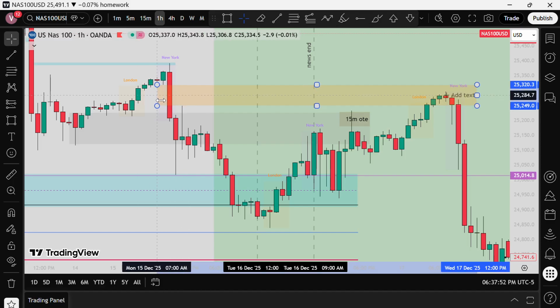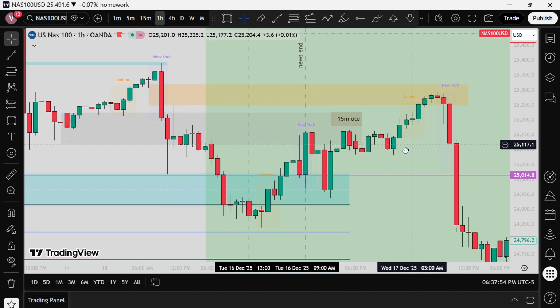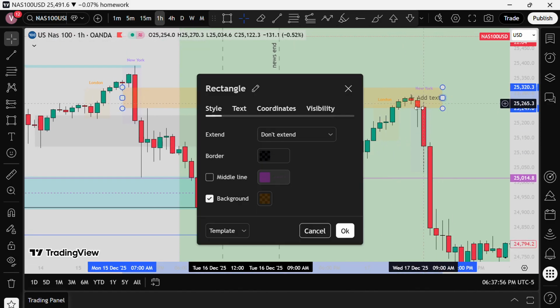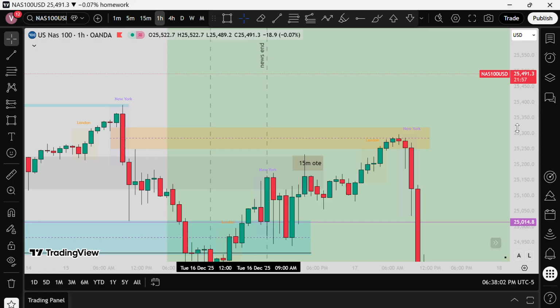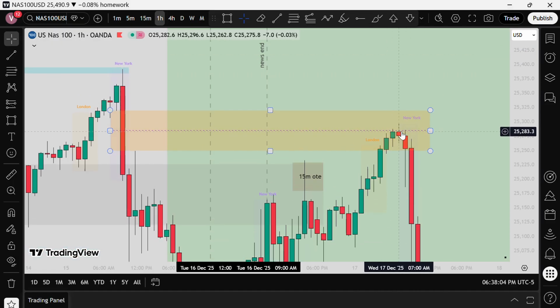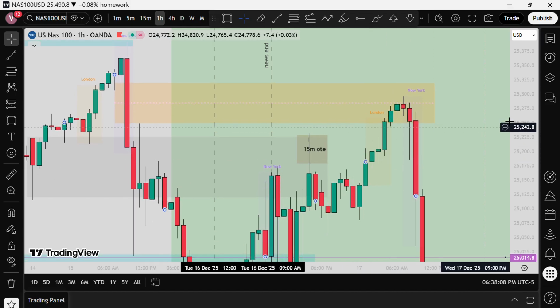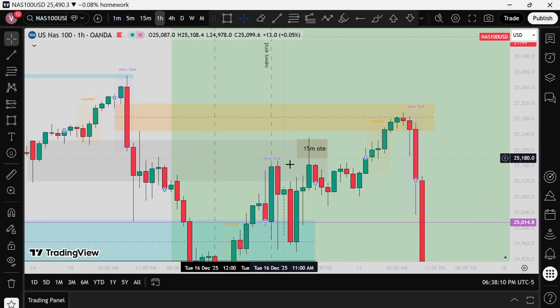This is a 1 hour fair value gap. You see how nicely the price has respected that fair value gap later, on the next day. But forget about this one for now.